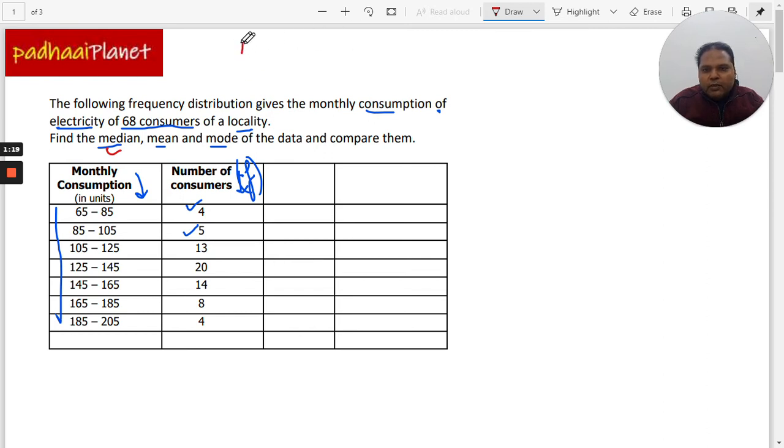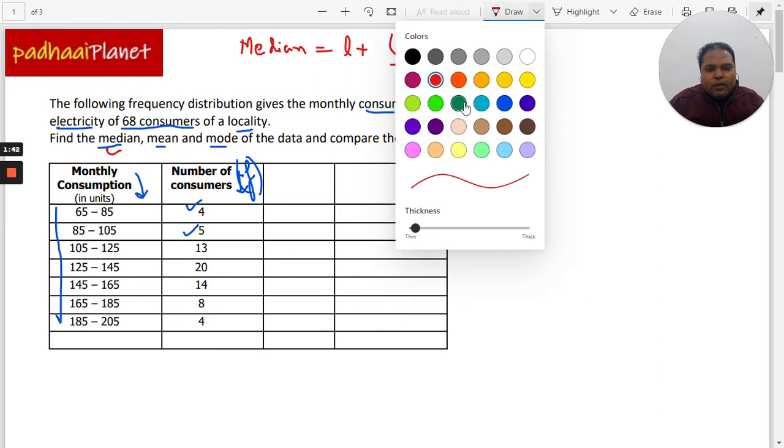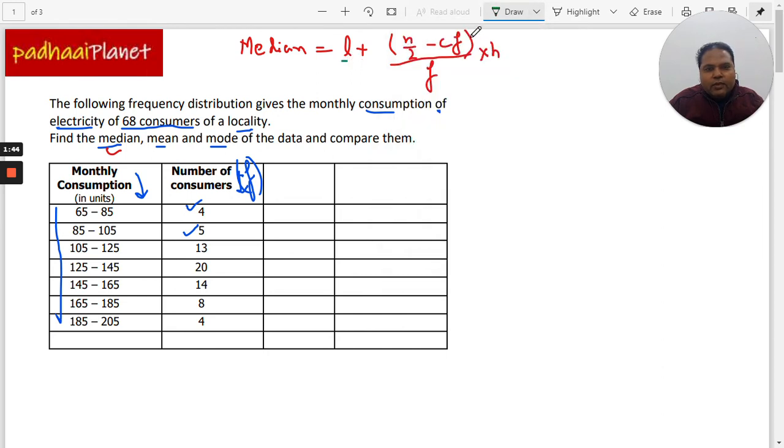The median of any data is L plus n by 2 minus CF, the whole thing divided by F and then multiplied by H. Now we need to understand what the values of N, L, CF, H and F mean with respect to this particular data.